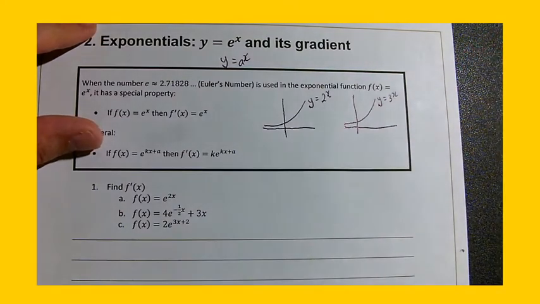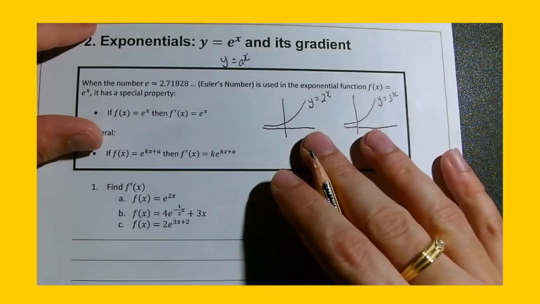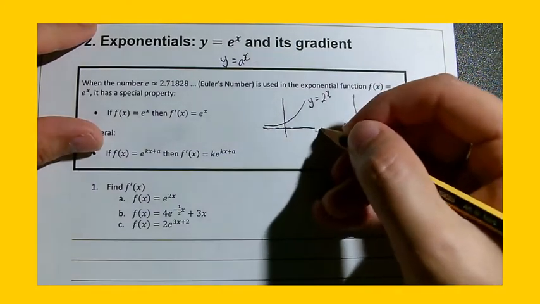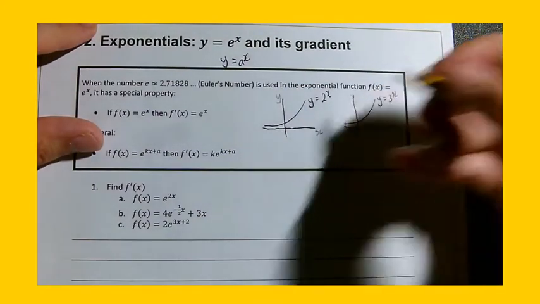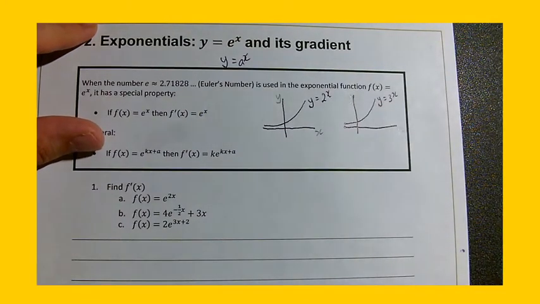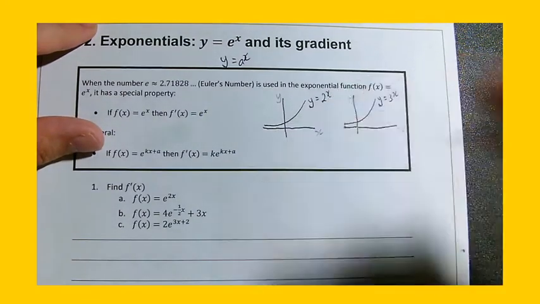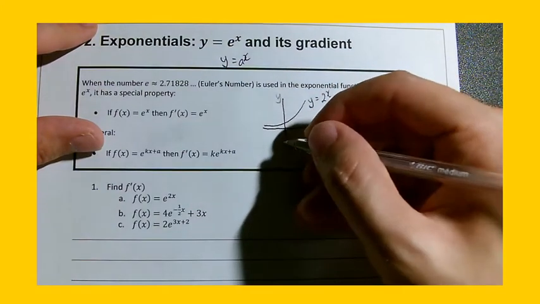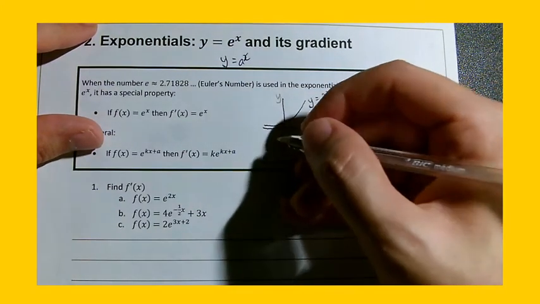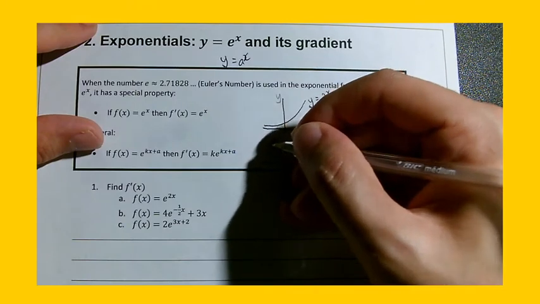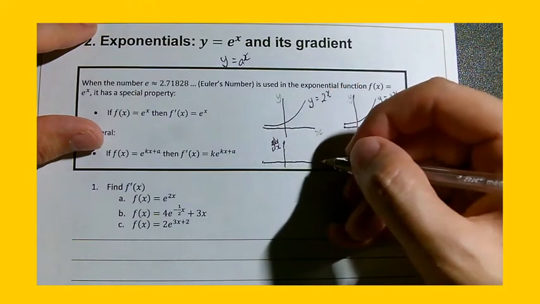Now, if I look at this, x against y, x against y, okay, and if underneath these graphs I looked at how gradient changes over time. So underneath I'm going to look at gradient, which we should remember from Pure 1 is dy/dx.